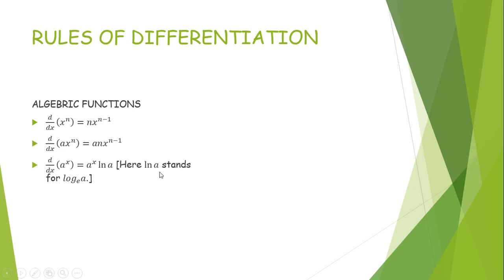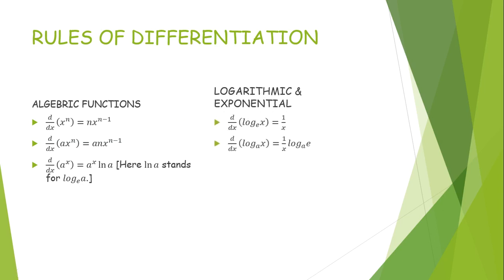Here ln a stands for log a base e. Now logarithmic and exponential functions. d by dx of log x base e equals 1 by x. d by dx of log x base a equals 1 by x log e base a. d by dx of e to the power x equals e to the power x, and d by dx of e to the power ax equals a e to the power ax. Here a is a constant.